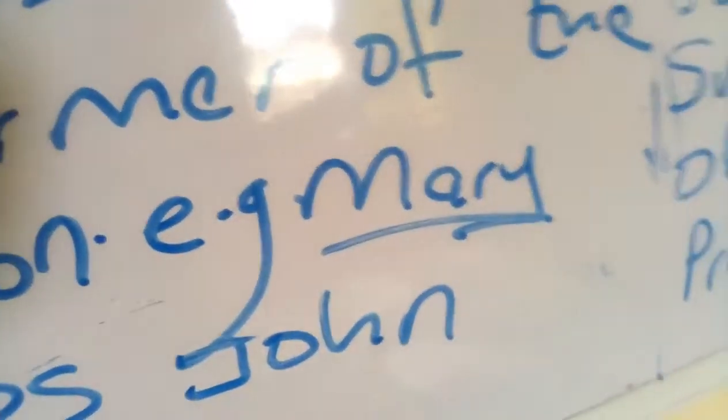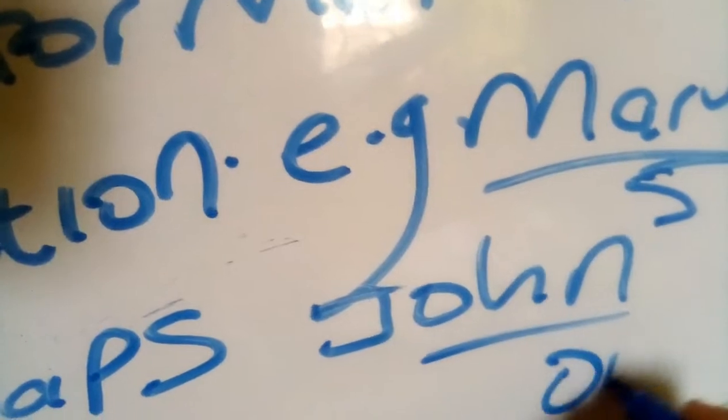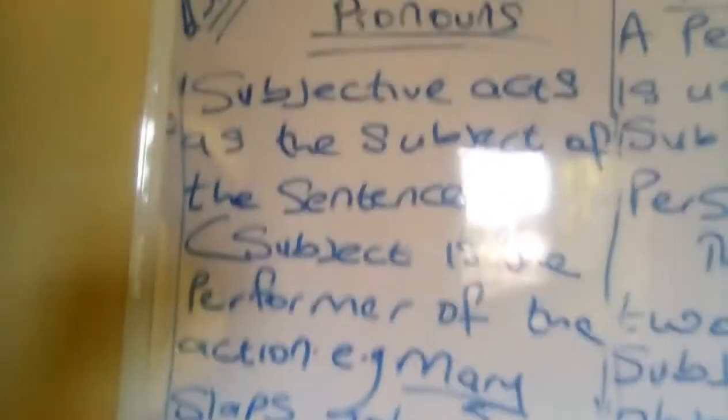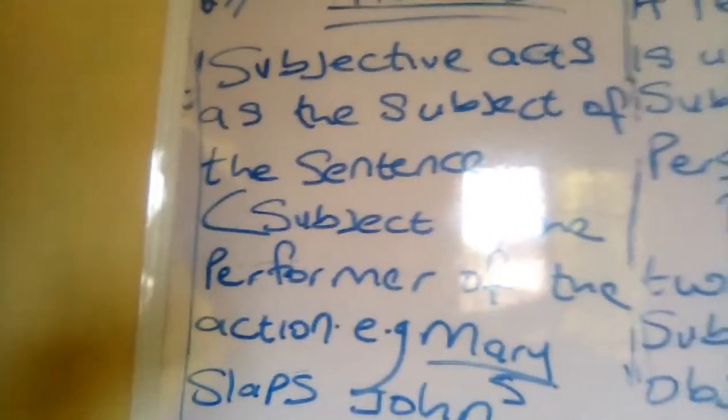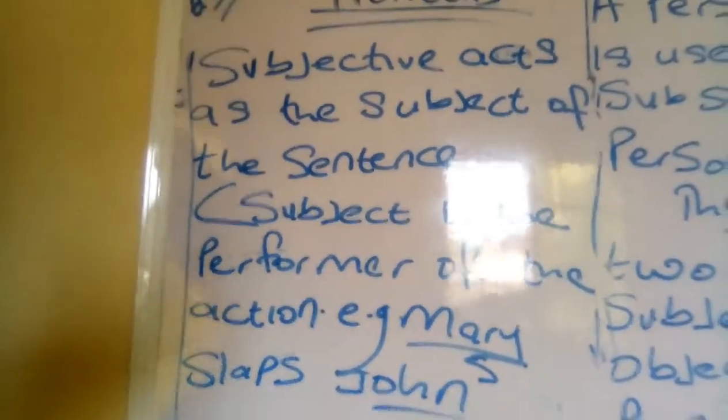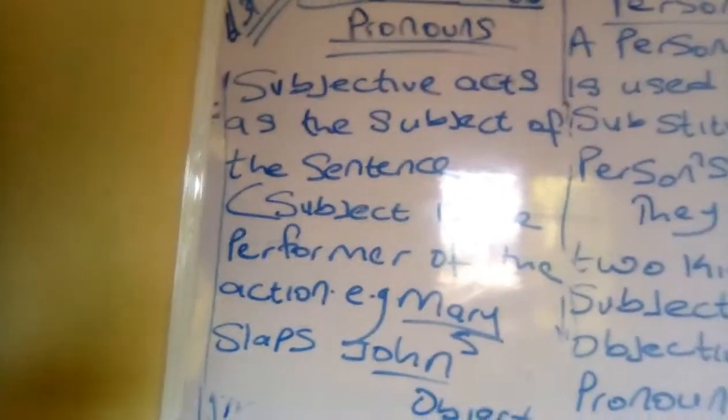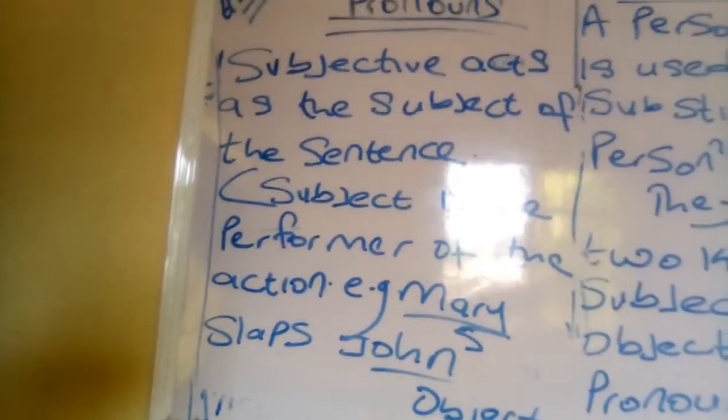Mary is the subject because she's the one slapping, while John is the object. Are you done with this side of the board? As the subject of the sentence, subject is the performer of the action, while object is the receiver of the action. Let's clean up this section.